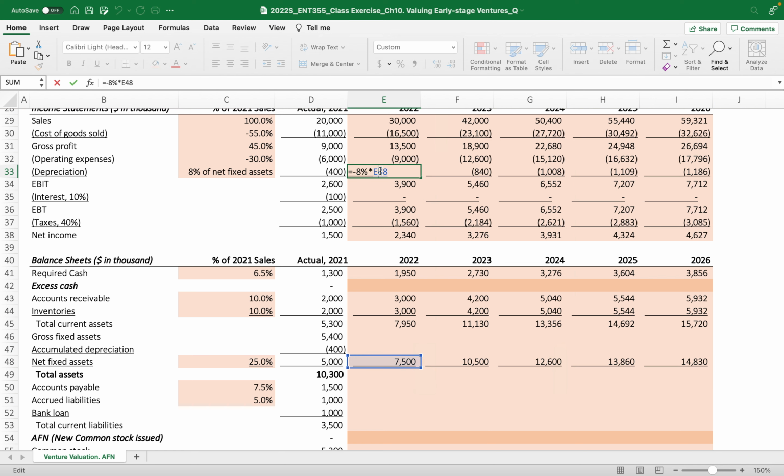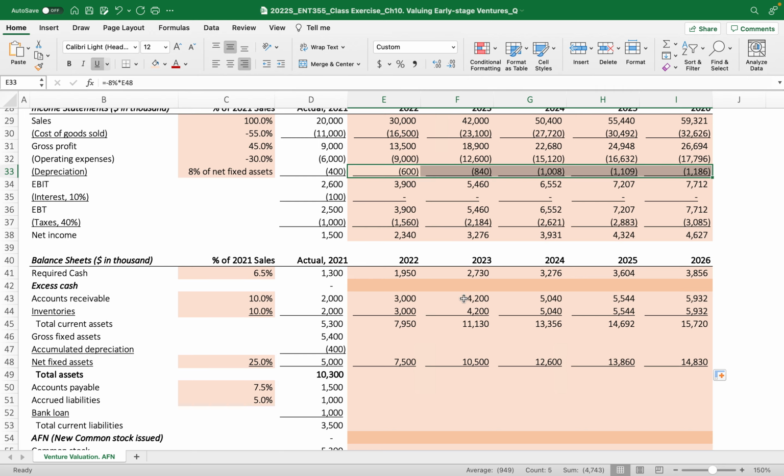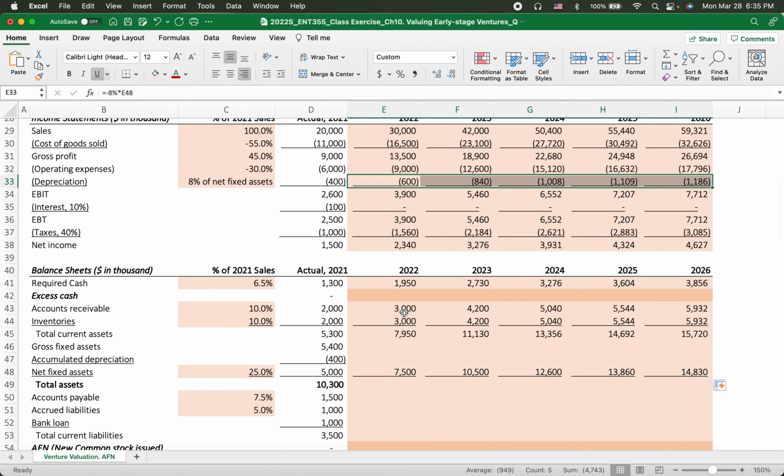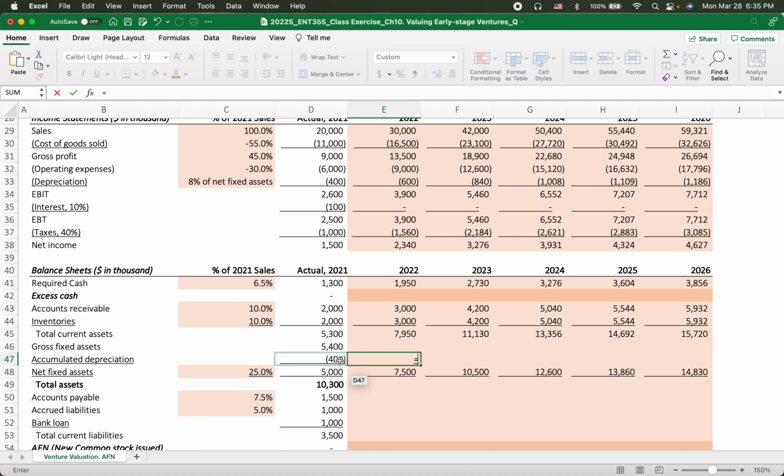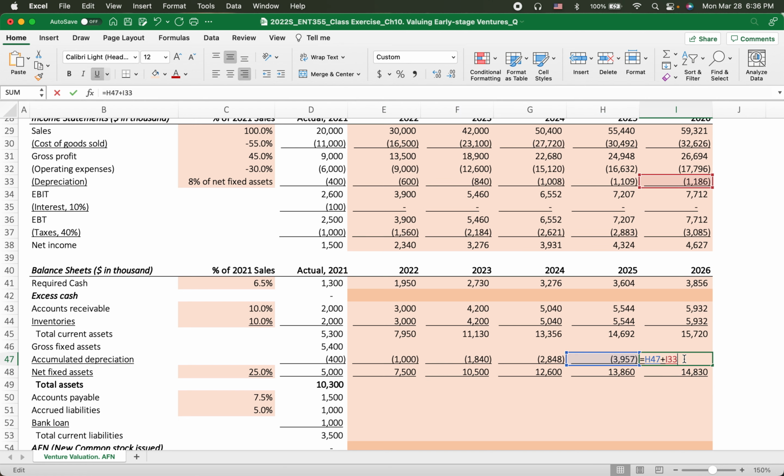That was the percentage of the net fixed asset, 8%. Now it is automatically generated here, the depreciation. Now this depreciation expense should be added to the accumulated depreciation, because the sum of all the depreciation is the accumulated depreciation. Now we add the annual depreciation expense onto the accumulated depreciation.